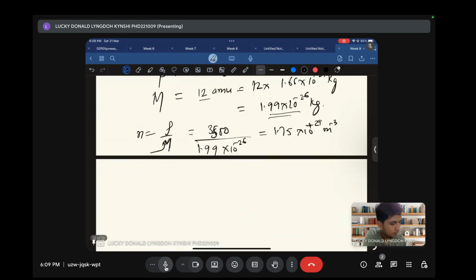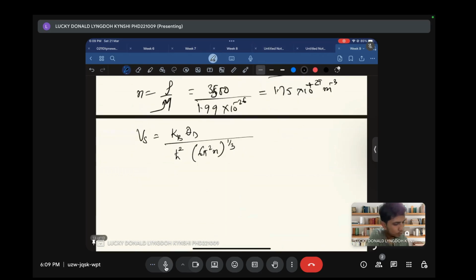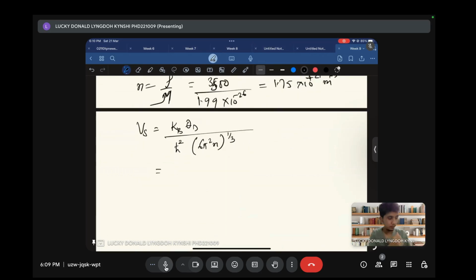So the velocity is equal to kB theta D divided by h cross, times (6 pi square n) to the power 1 by 3. kB is 1.38 into 10 to the power minus 23.